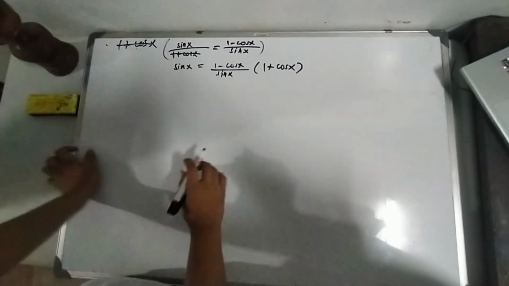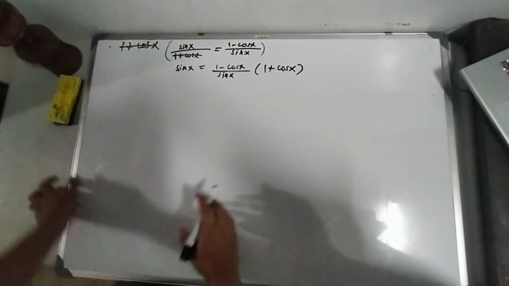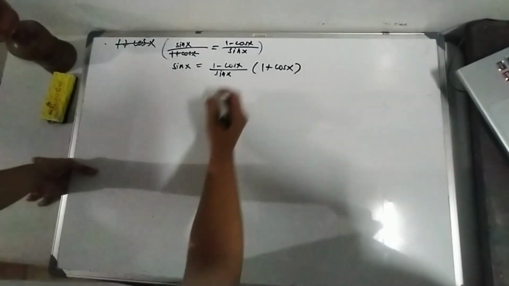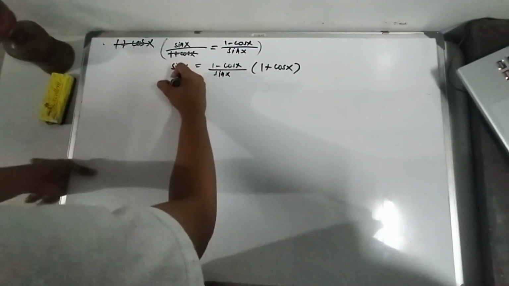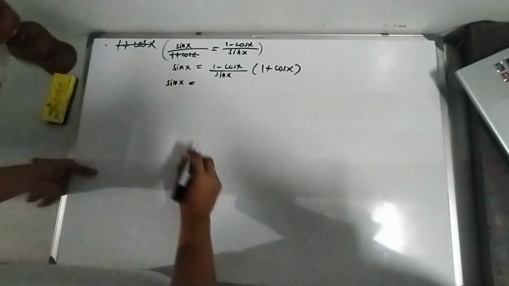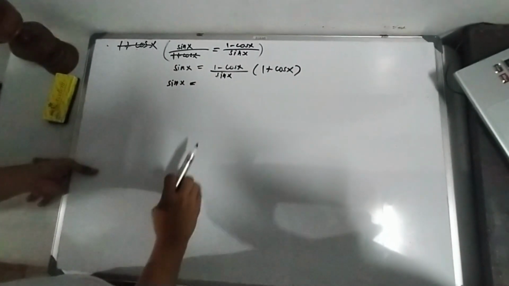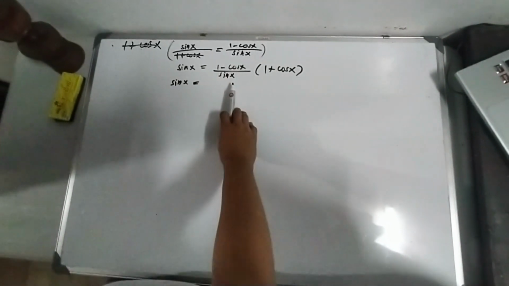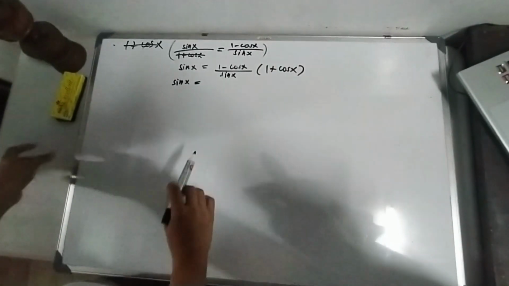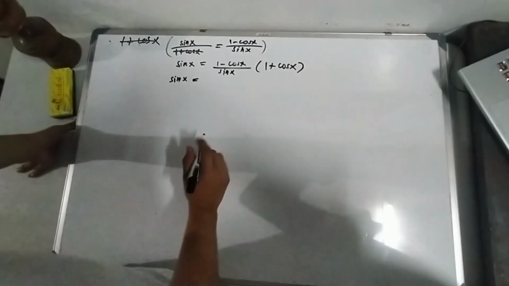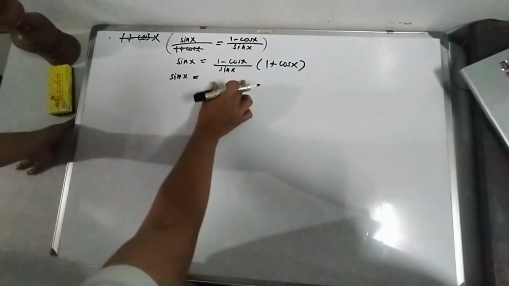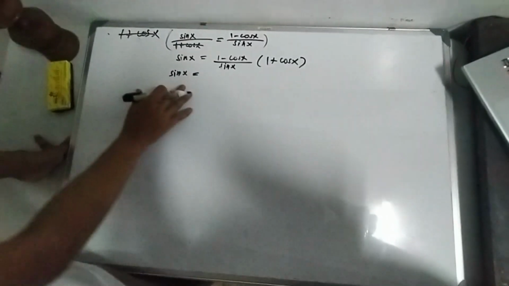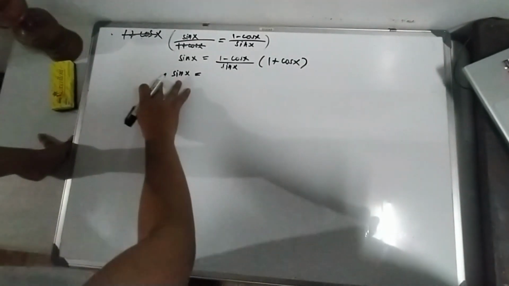And now that we have removed the fraction on the left side, we're gonna work on the fraction on the right side. So we're just gonna copy sine x and we're going to multiply this fraction with sine x. If we multiply this side by sine x, we're also gonna multiply the other side by sine x.